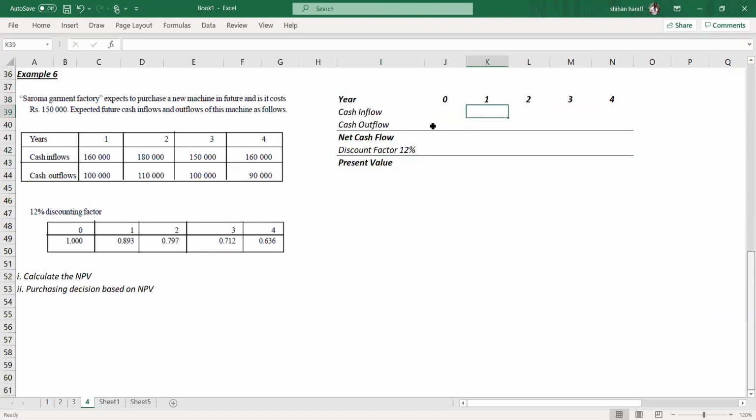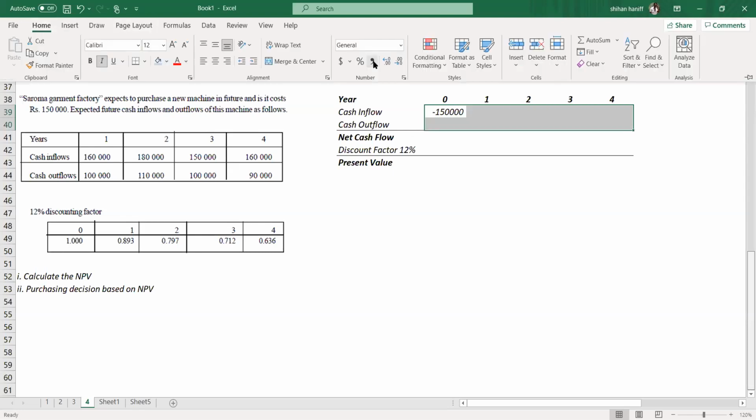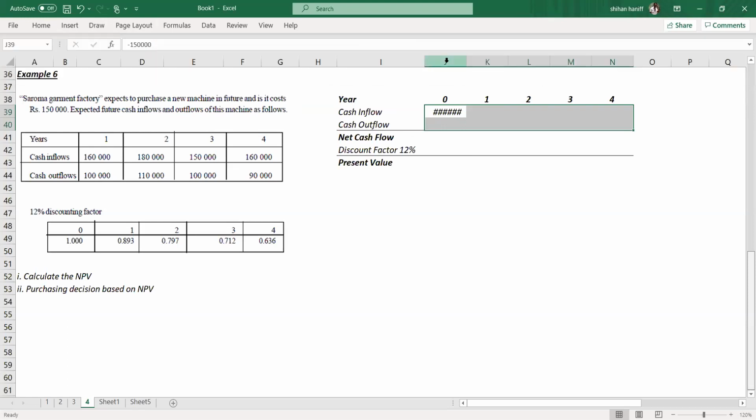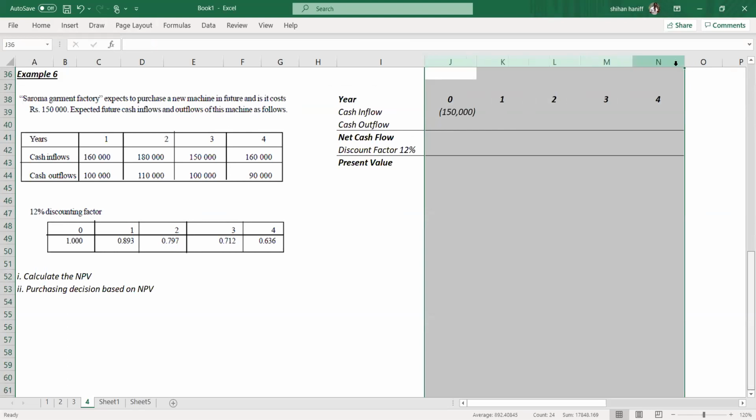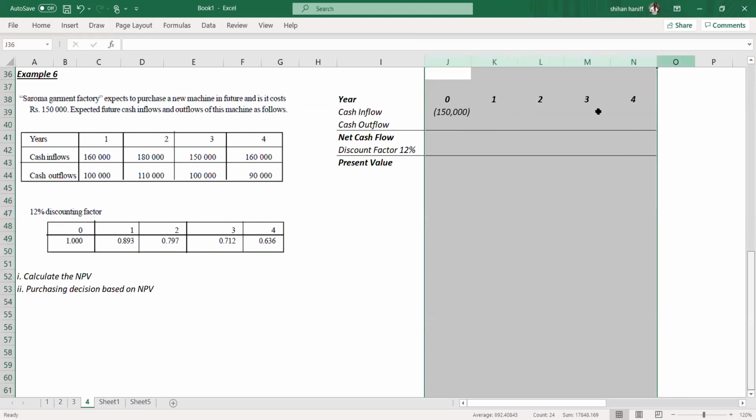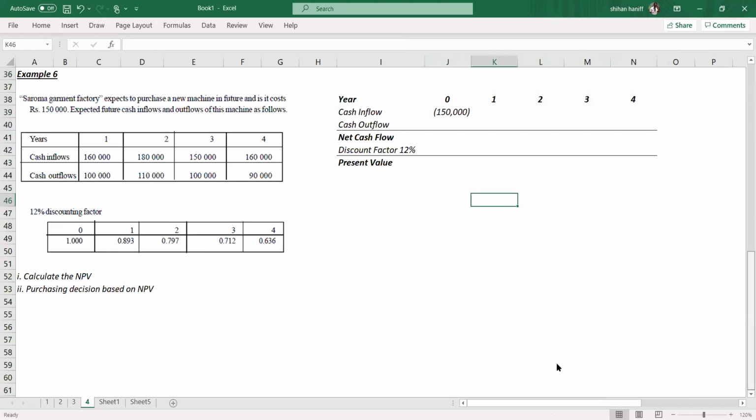Right. I'll show the first one. Year 0, we invest 150,000. Year 1, cash inflow is 160,000.